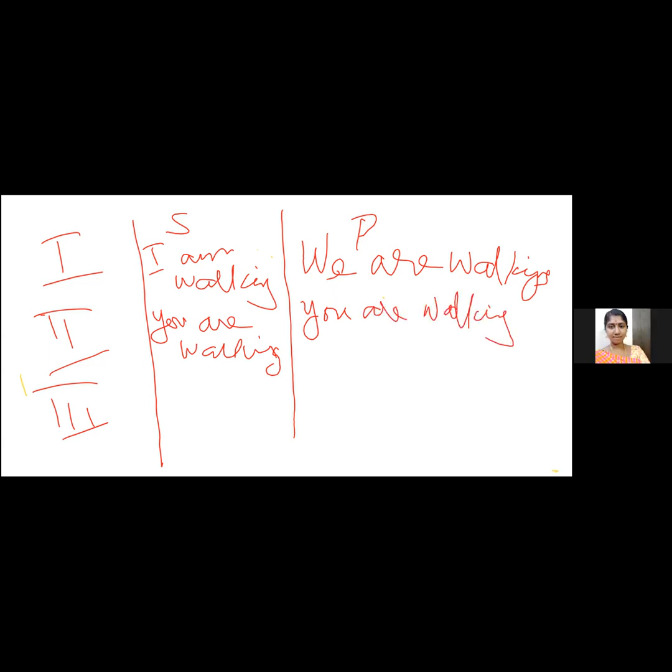And what is the third person singular? He, she or it. He is writing. She is walking. Here, what is the right verb we can use? Is. This is a singular verb, so since it is a singular subject, we use the singular verb.